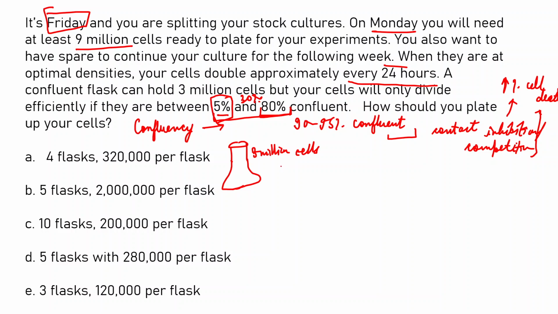So 80% of 3 million will be somewhere around 2.4 million cells. But how much do we need? We need 9 million cells. So 9 by 2.4 will be somewhere around 4 flasks.